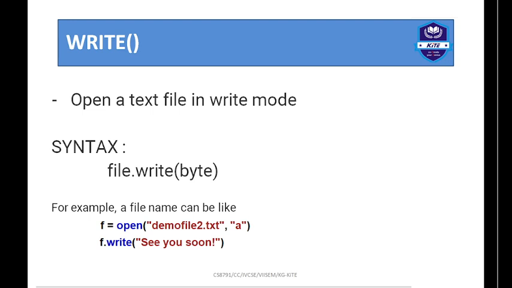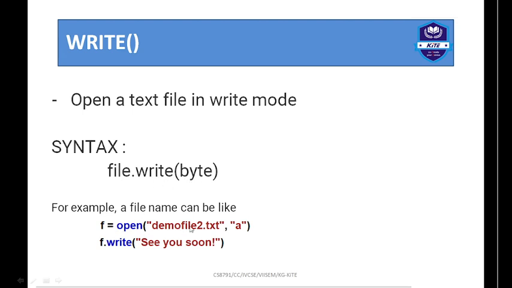So if you don't want to delete anything, you just want to add extra to the existing content, then you must open it in the appending mode. So here is an example. The syntax of writing is: file handle dot write of the text.